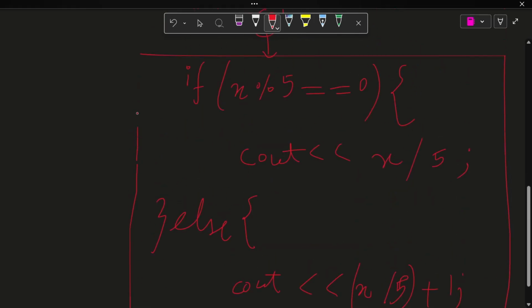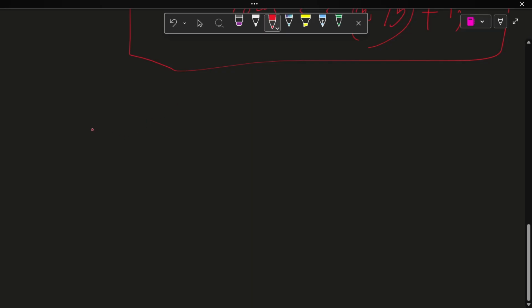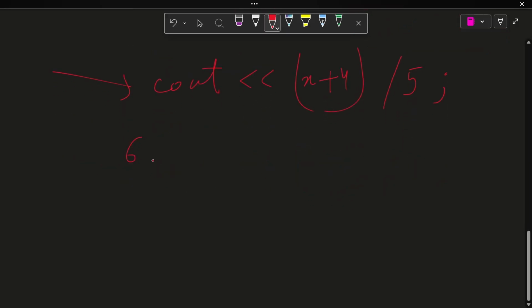And there is also a short method, guys, which is what you can do: simply output x plus 4 divided by 5. Now, you guys might be wondering why this works. So let's take an example. Let's say 6 is the value of x. So for 6, we know that the elephant needs to take two steps, right?